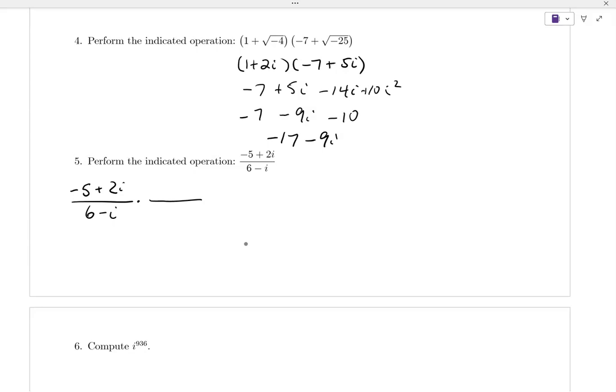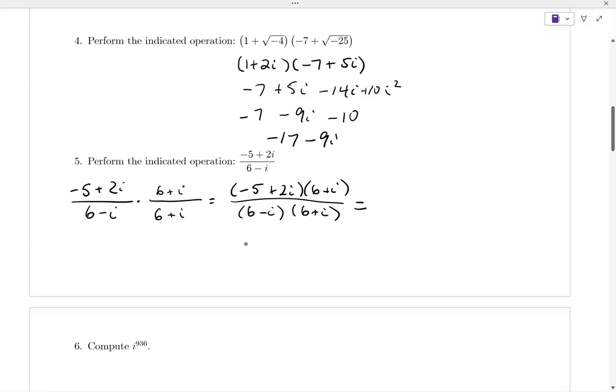We change the minus to a plus and multiply top and bottom by the conjugate. And now we just distribute on the top and distribute on the bottom.